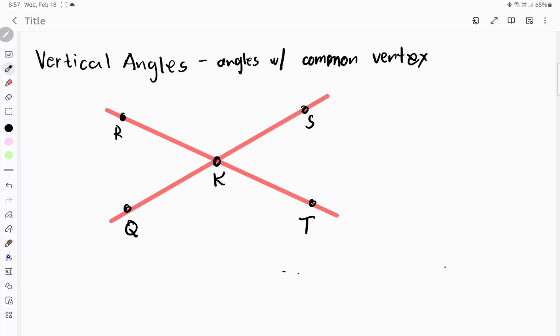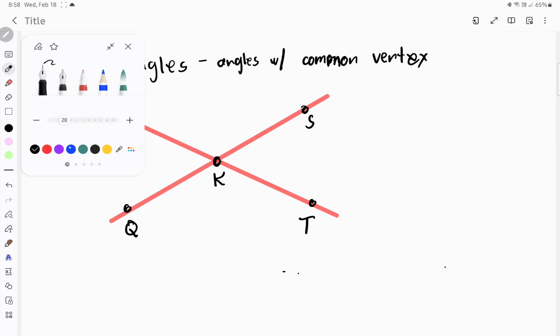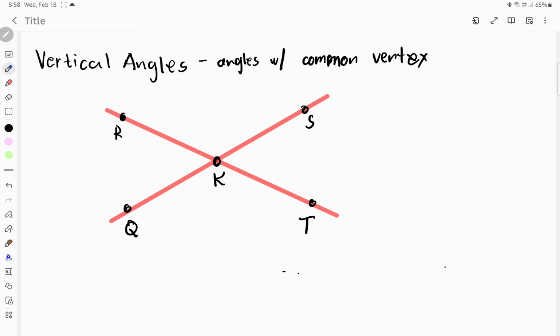As you can see, there are two pairs of vertical angles here. The first pair is angle RKS and angle PKQ.